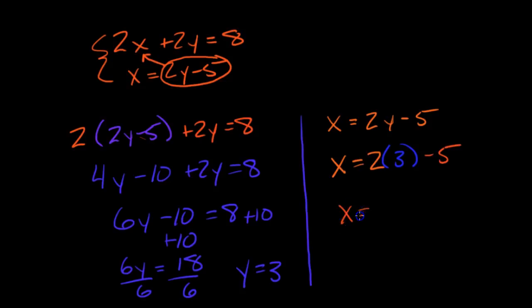So we get x is equal to 6 minus 5, and that means that x is equal to 1. So now I know that my solution is the ordered pair 1, 3. If you graphed these two lines, they would meet at the location 1, 3 on an xy coordinate plane. Okay, so that's what substitution is.